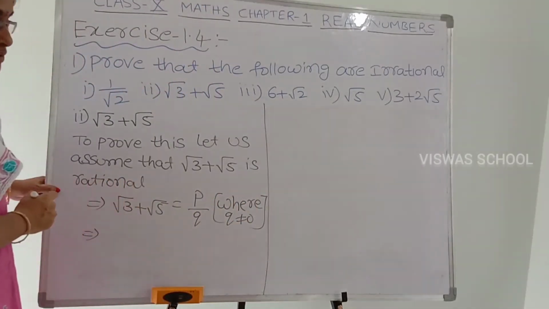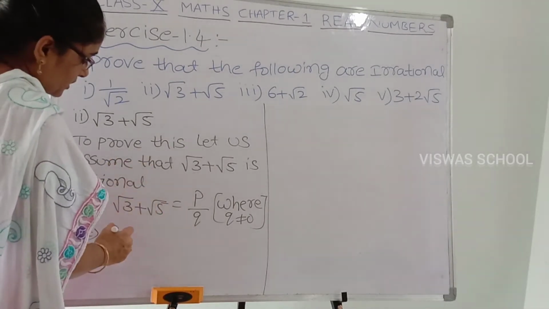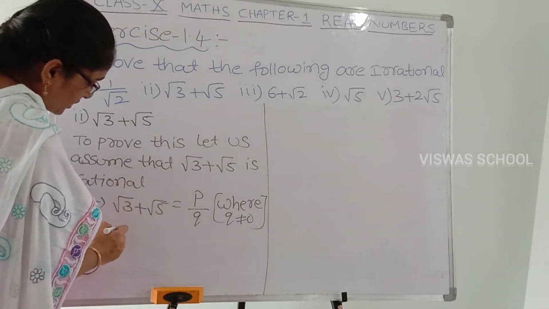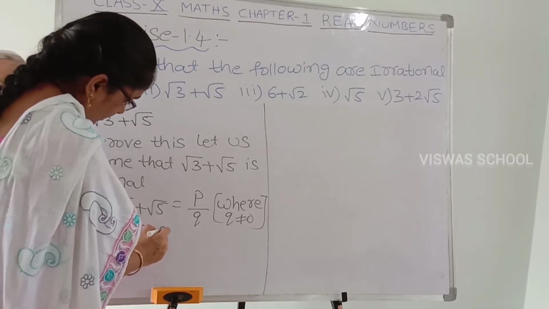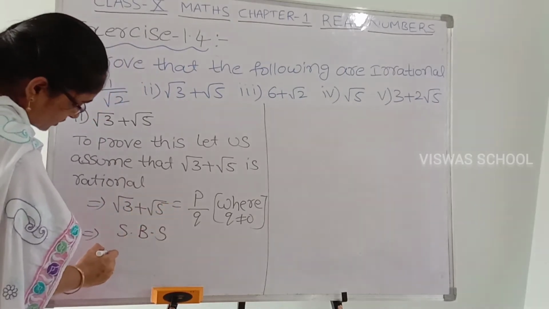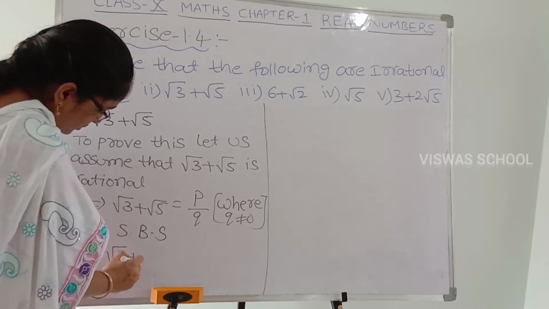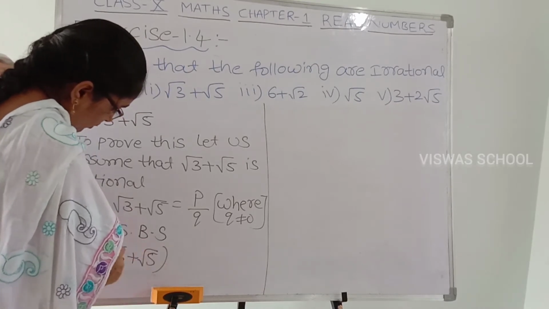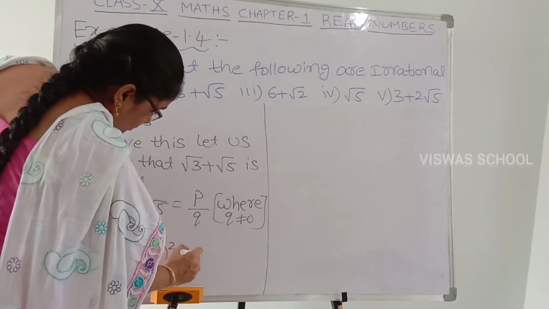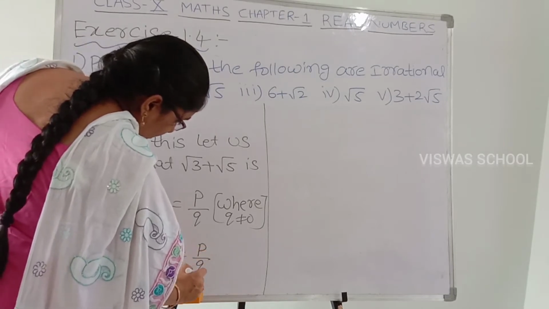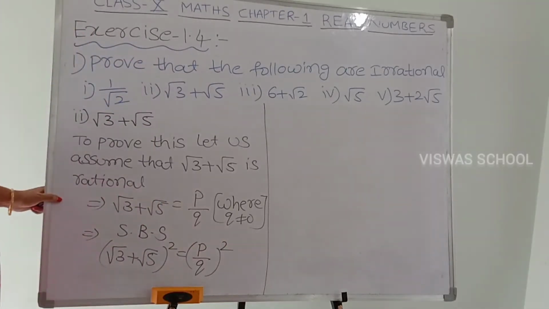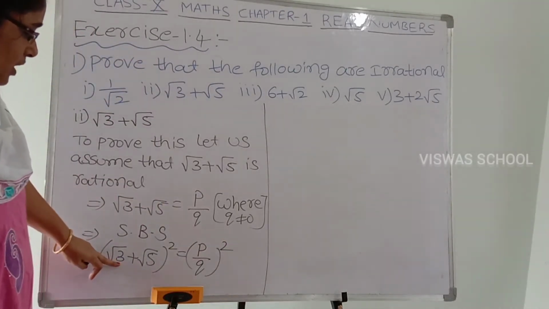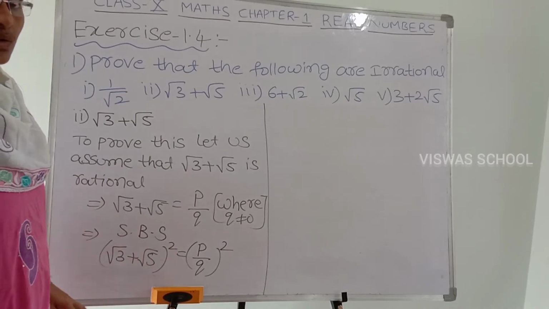Here root 3 plus root 5 equals P by Q, so squaring on both sides, you get root 3 plus root 5 whole square equals P by Q whole square. That means it is in the form of A plus B whole square.